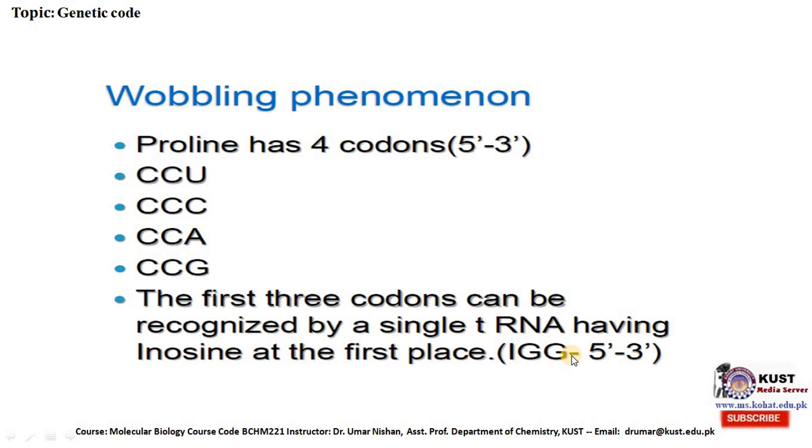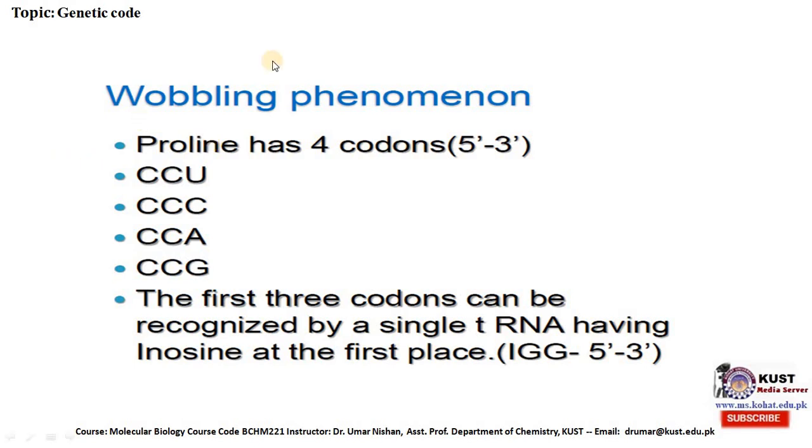So you see here, because of this wobble phenomenon, although proline has 4 codons, the first 3 codons can be recognized by a single transfer RNA. So in this situation, proline does not require 4 different transfer RNAs because of the wobble phenomenon.